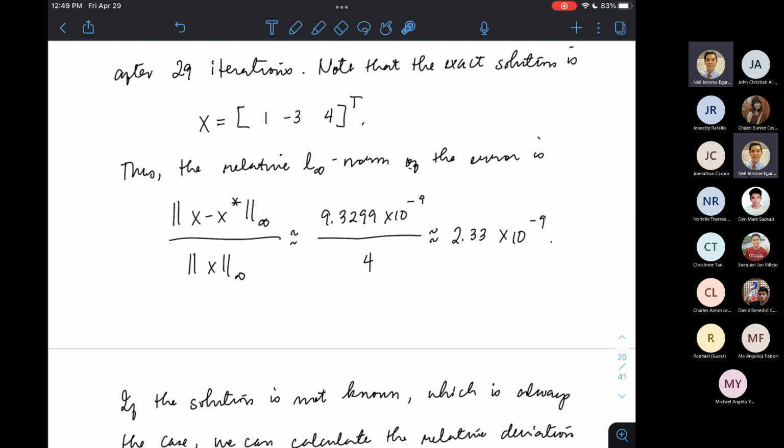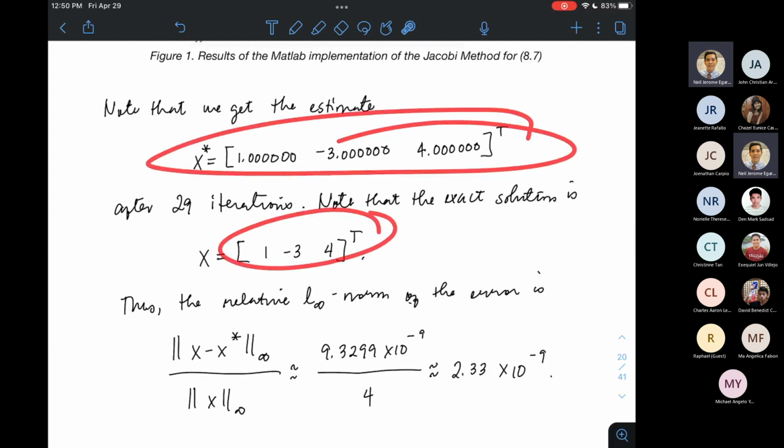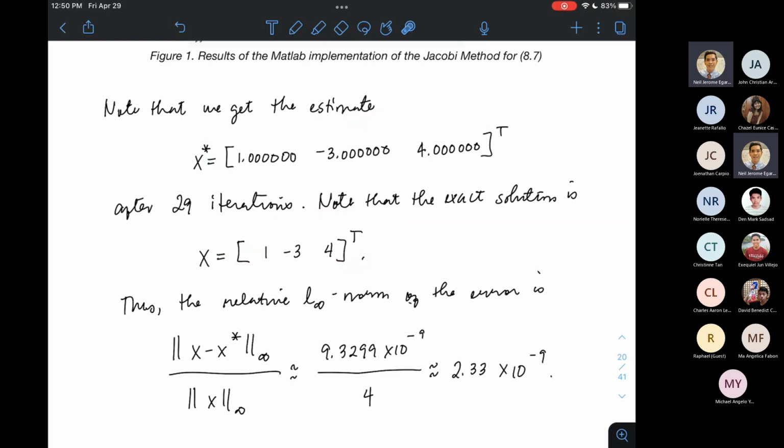Okay? So yung relative error, kunin mo lang gaano kalayo yung actual solution mula dun sa estimate nating nakuha divided by the norm of the actual solution. So pag pinakompute ko kay MATLAB, this guy minus this guy, pinakompute ko yung size, gaano siya kalaki with respect to the L infinity norm, sabi ni MATLAB, it's about 9 times 10 to the minus 9.